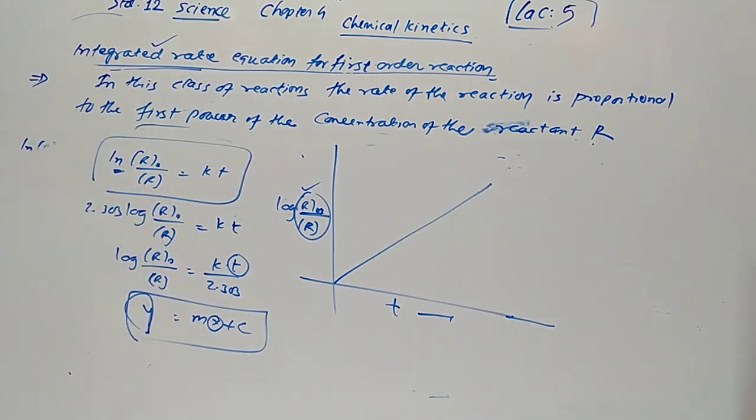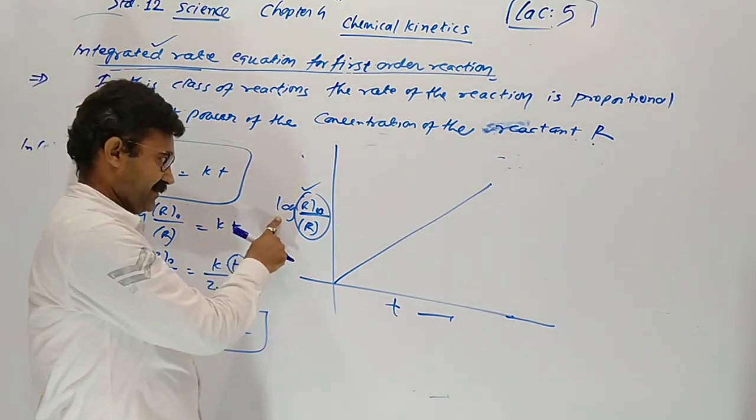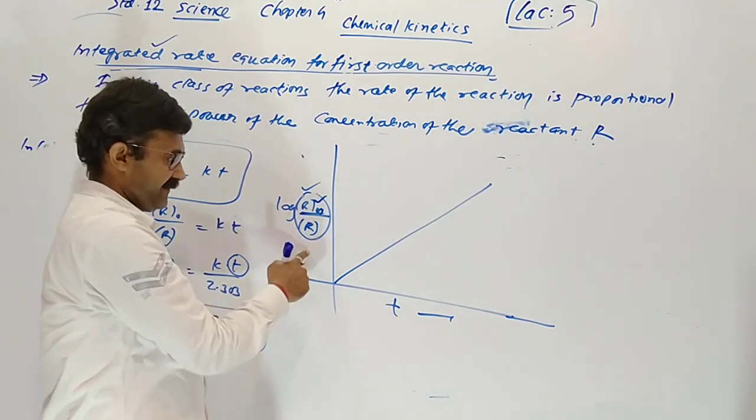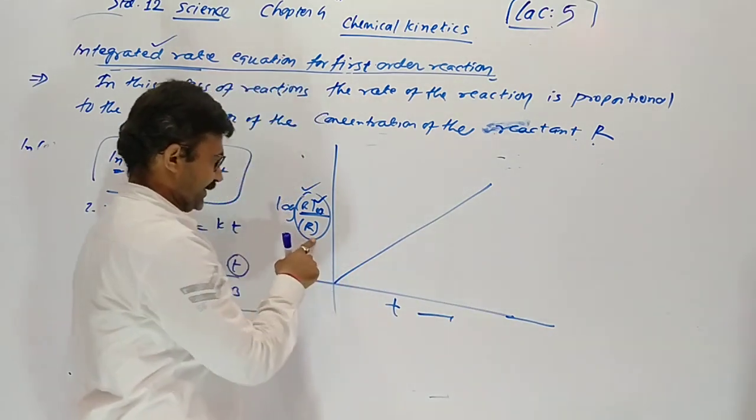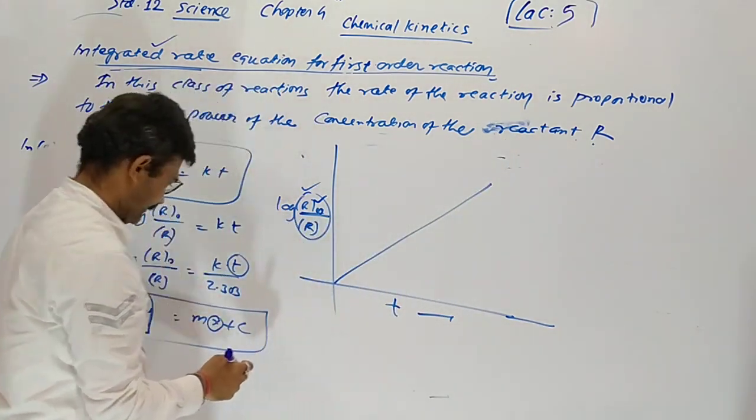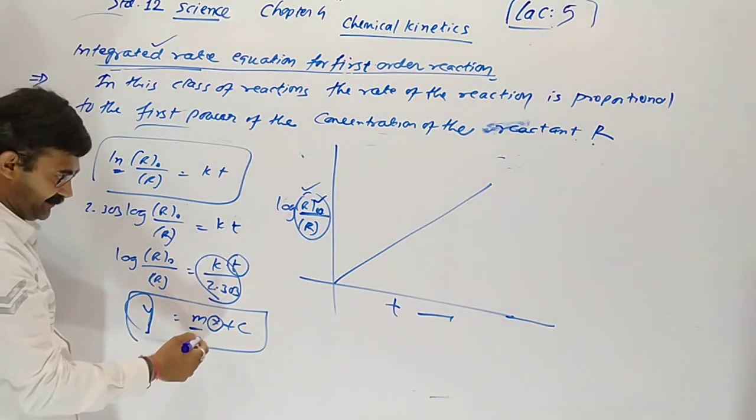So graph will be increasing. Right? It is not ln R, it is R0 by R. This is constant, R decreases as time passes. Value increases so graph will be increasing, and slope is positive.